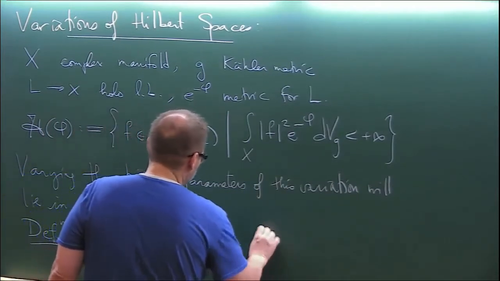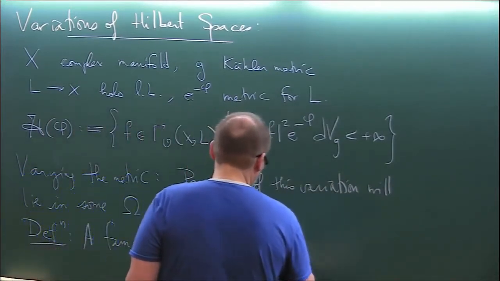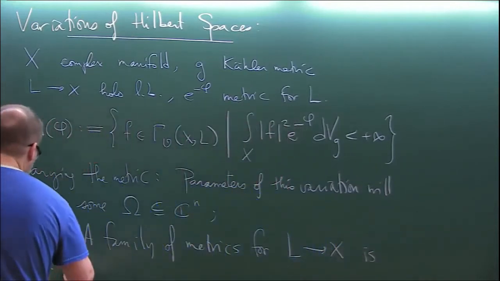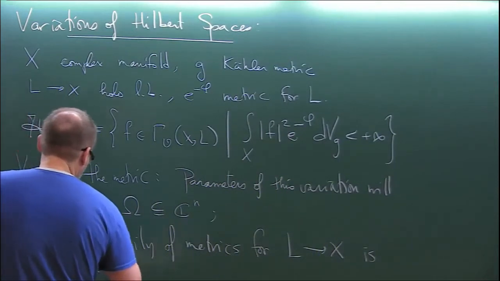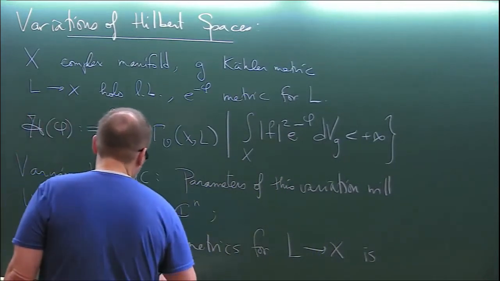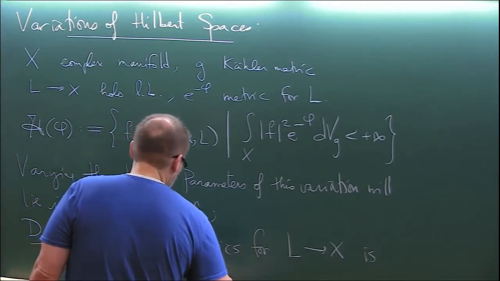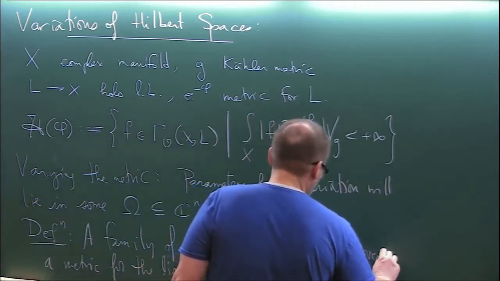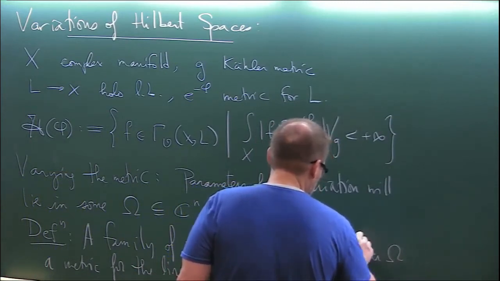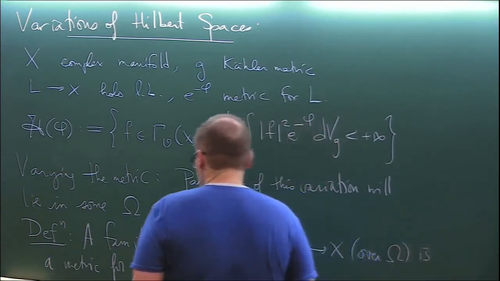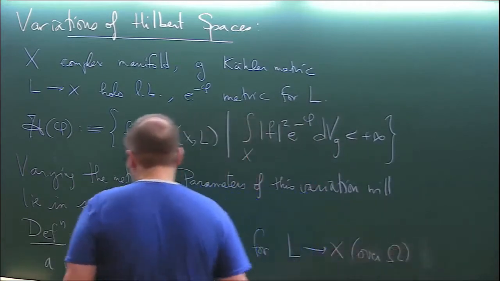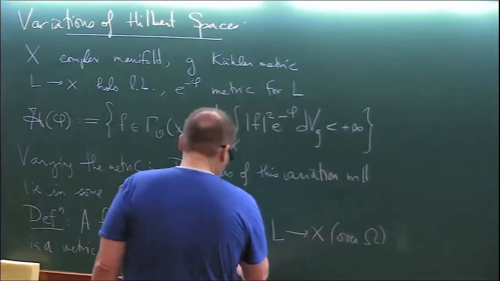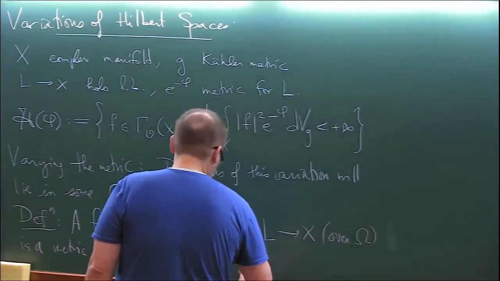A family of metrics for L is a metric for the line bundle over omega. I'm just going to write it down and explain what it is.